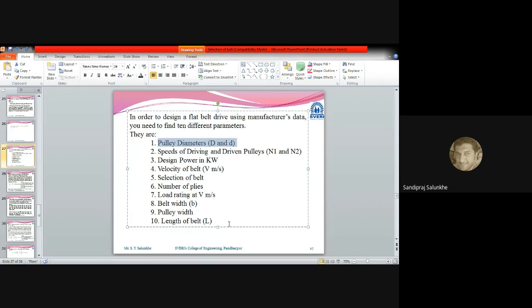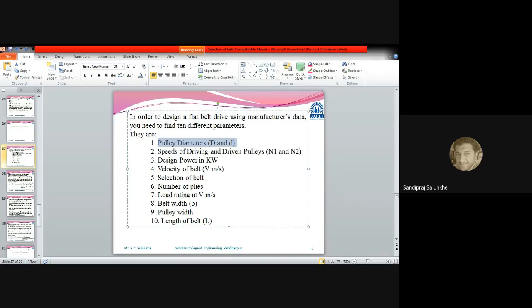As we are going to purchase this belt drive by means of number, I want 5 number belt, likewise we are going to ask the shopkeeper for the belt.